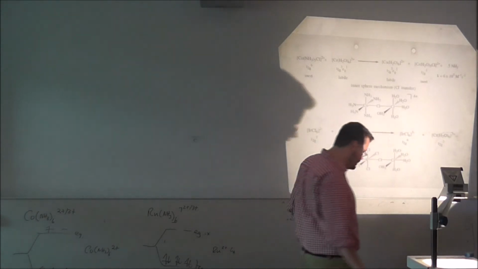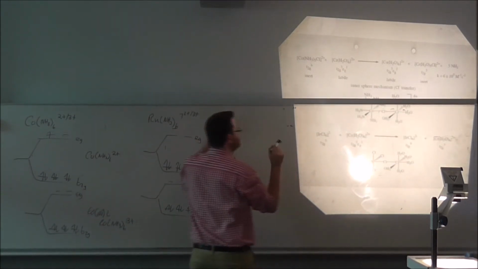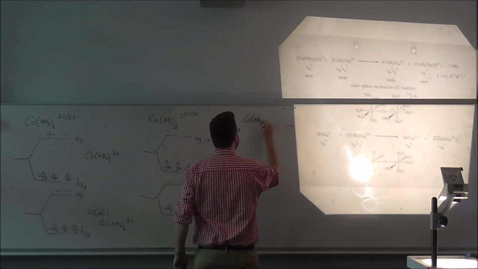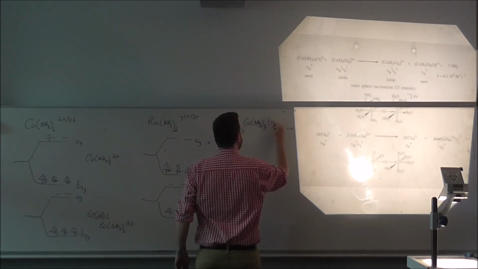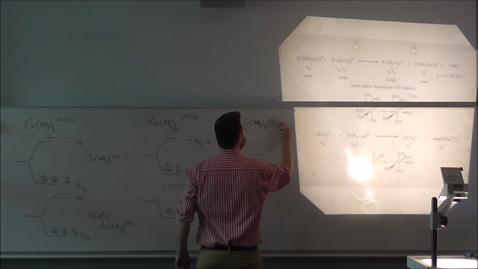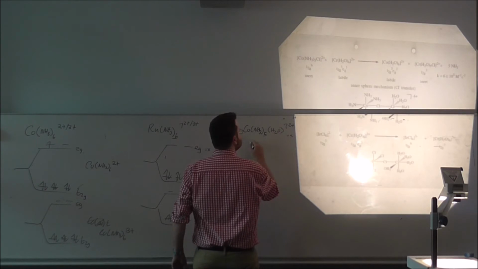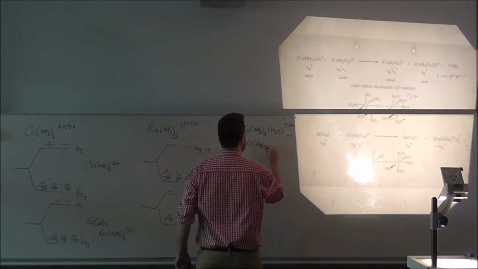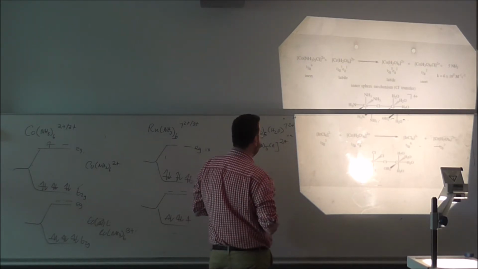Maybe I should just write that down. The products of that reaction at the top, immediately following the electron transfer, will be Co(NH3)5(H2O) 2+ and Cr(H2O)5Cl 2+.